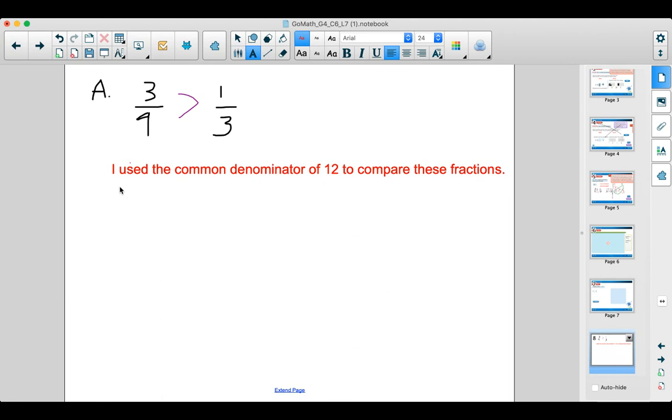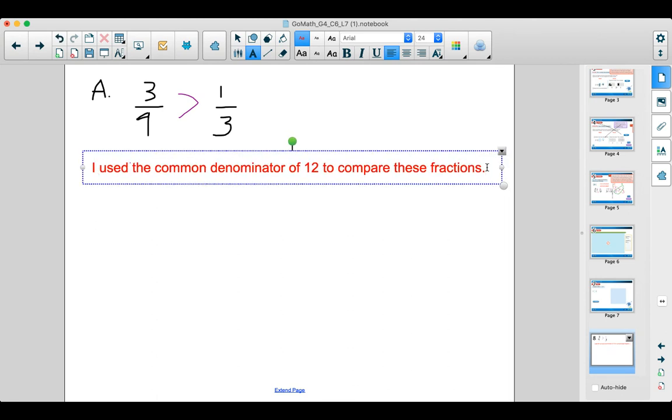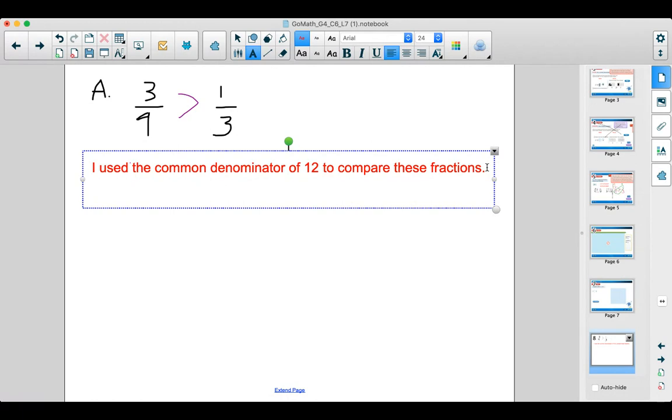Okay. That method is called common denominator.